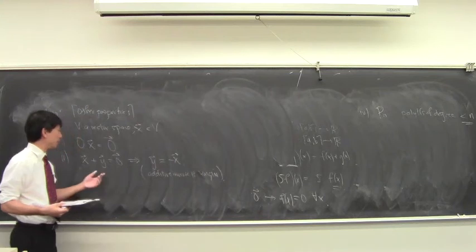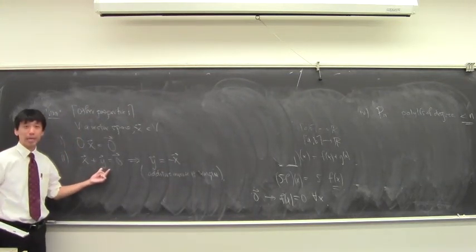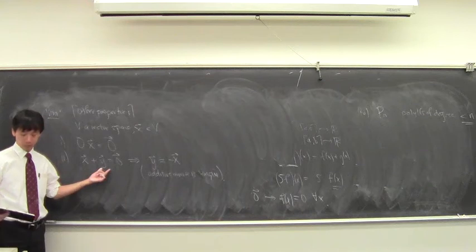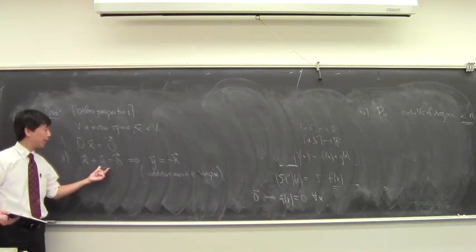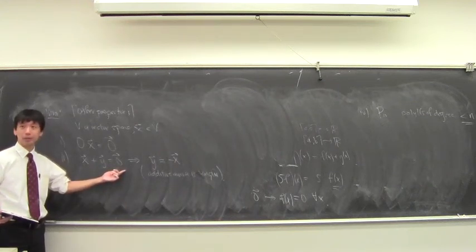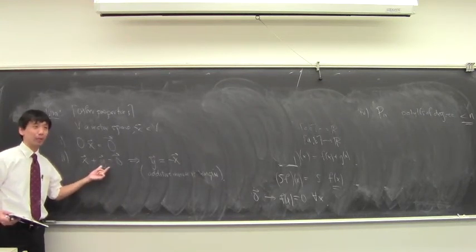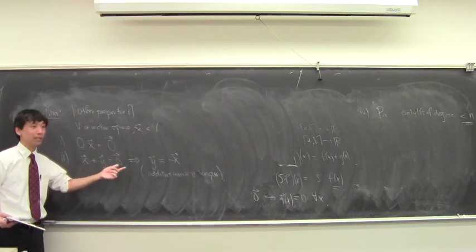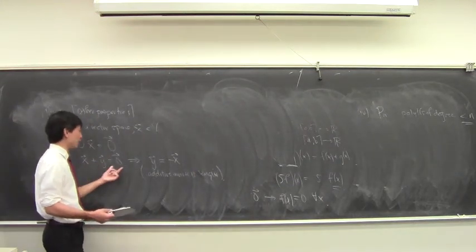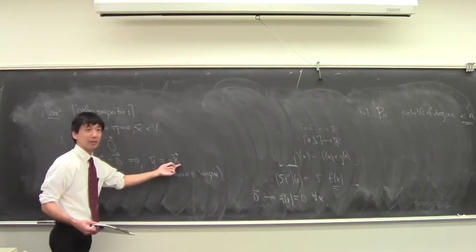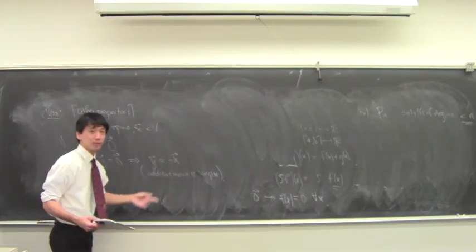You know that there's somebody you can add and get the 0 vector. It turns out that there's only one that works. So if you add somebody to it and you get the 0 vector, that one must have been the additive inverse.